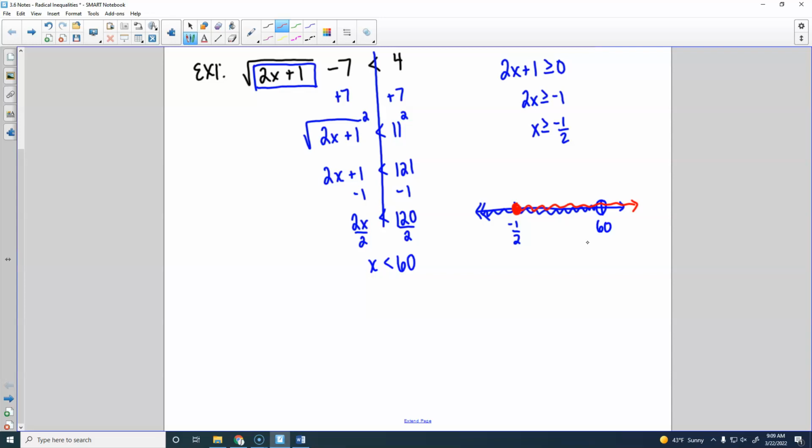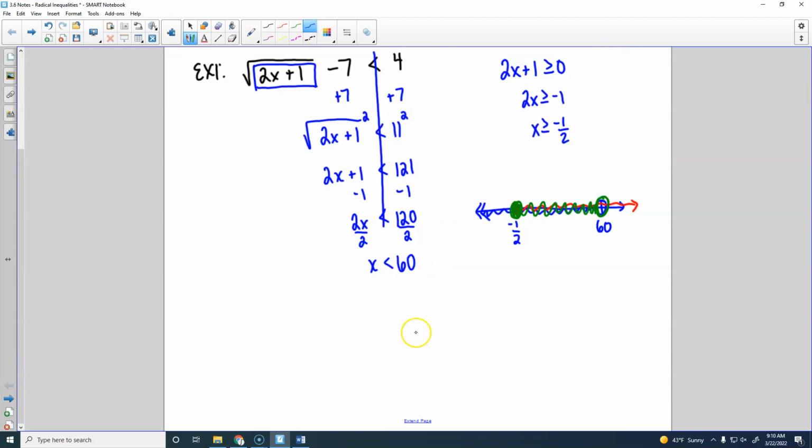If we're thinking of numbers less than 60, most of the numbers we're probably going to think of, the positive ones, are going to work. But when we start getting down to those negative ones, those numbers don't work anymore because they're not in our domain, right? So we would just be looking at the overlap, which would be this part here.